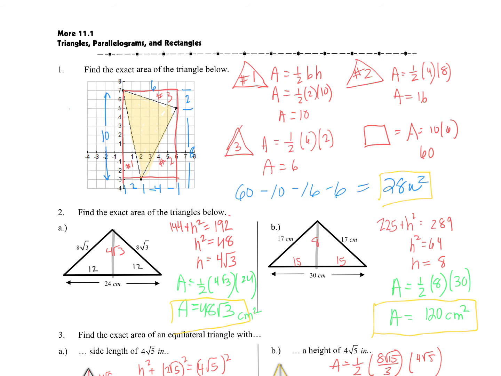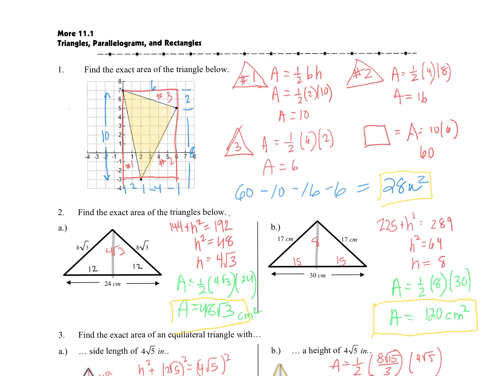Okay. Looking at number 2, we want to find the exact area here. If this was 24, I could draw in this altitude, making this 12 and 12. Then if this is my right angle here and this is my hypotenuse, I can use the Pythagorean Theorem. h, which I didn't know, squared plus 12 squared, 144, is equal to 8 times the square root of 3 squared, which is 64 times 3, which is 192.